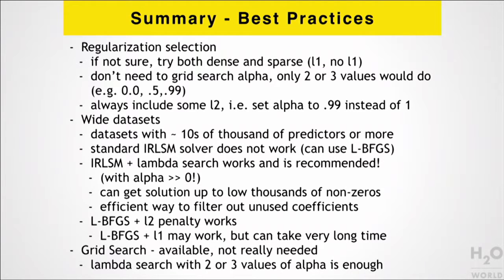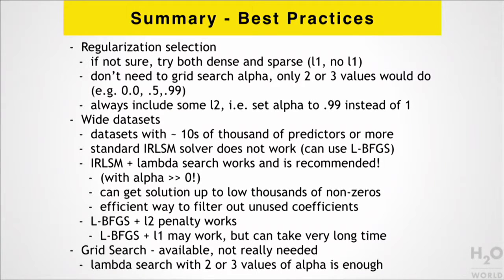Generally, I don't recommend running alpha 1 exactly, because a little bit of L2 penalty helps. It speeds up the fitting process, and it's a more stable fit. If you're not sure, try both. Usually there's no need to do grid search over alpha outside of trying a few values like 0.5 and 0.99. It doesn't tend to be too sensitive to alpha.